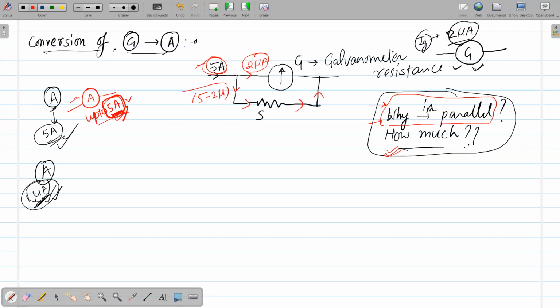So you can see this is a very large amount of current in comparison to this. And if you want to pass a large amount of current through this resistance, then you will have to make sure that this resistance S is a very, very low resistance. So we say that this is what, just a minute students.